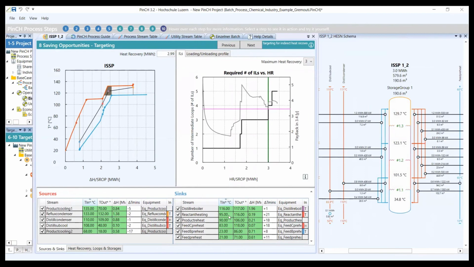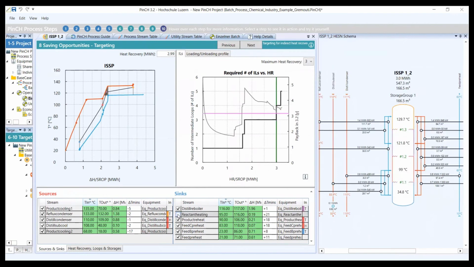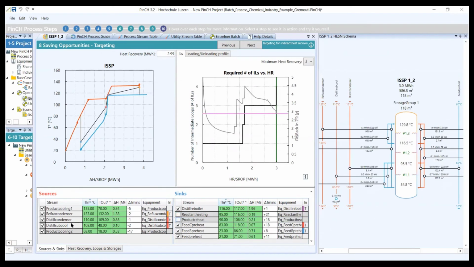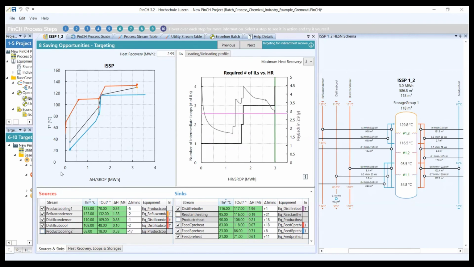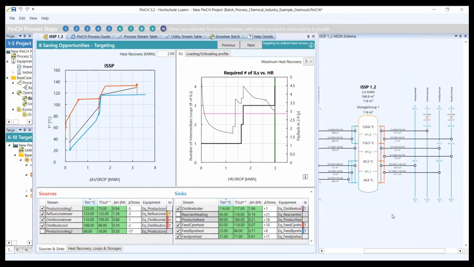We can see that we have quite a low amount of heat transfer capable with the reactant heating, as well as the product reheat, as well as the product cooling. And by removing those streams from the calculation of the indirect source sink profile and the associated time-dependent behavior, we still have the same amount of 3 megawatt heat recovery, but our volume has decreased and the complexity of the design has been reduced.